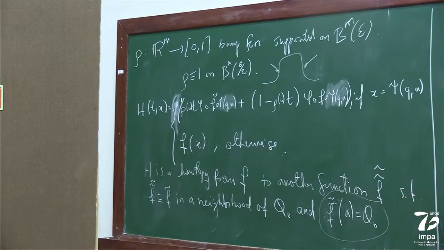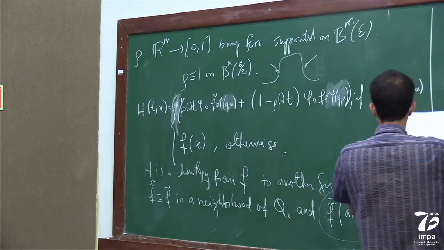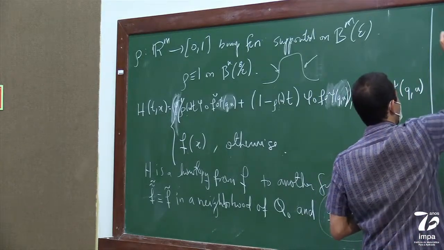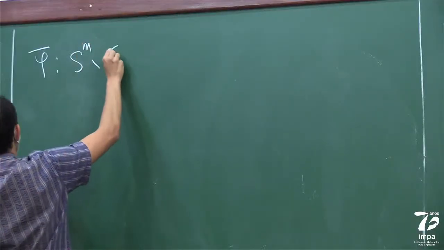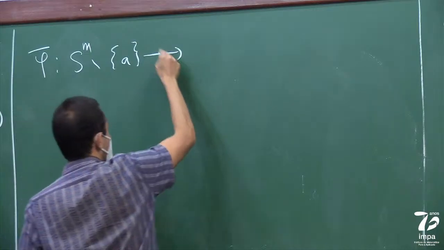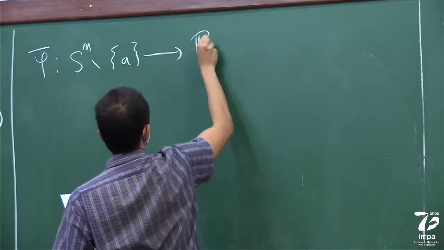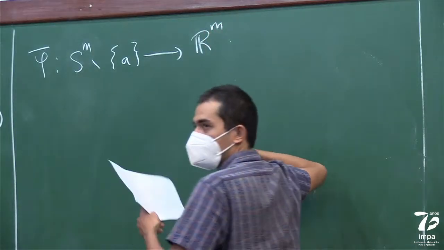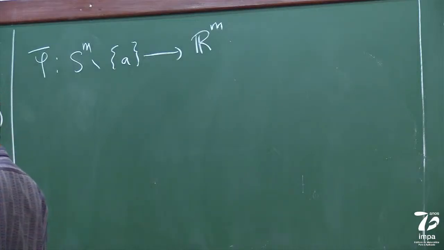I use the opposite stereographic projection. Now I can use a phi bar, which is a stereographic projection that looks at the complement of A to Rm. So this is now the other stereographic projection. And then I can do a linear homotopy there.